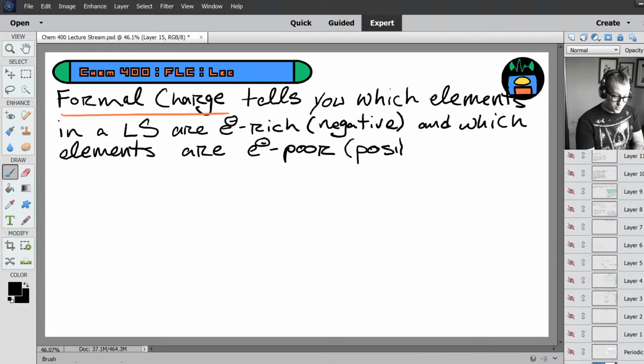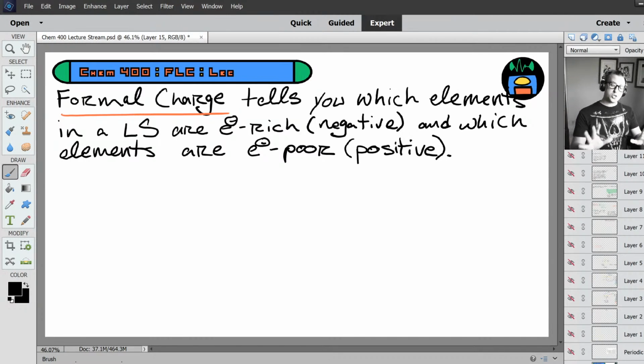If any of you have aspirations of taking organic chemistry, which is the single coolest class offered at FLC, if I can plug it shamelessly, this will be hugely important, your ability to identify electron-rich and electron-poor elements within a molecule.